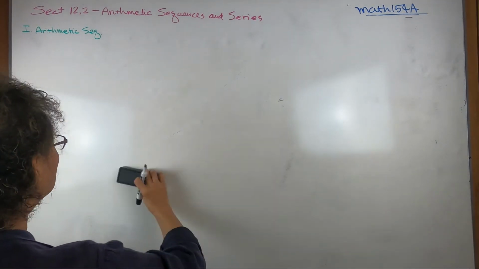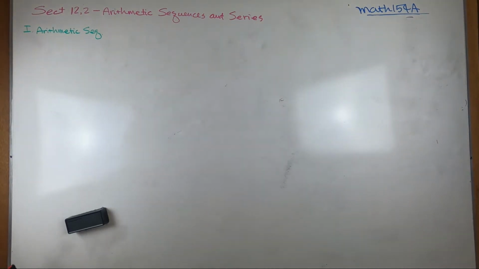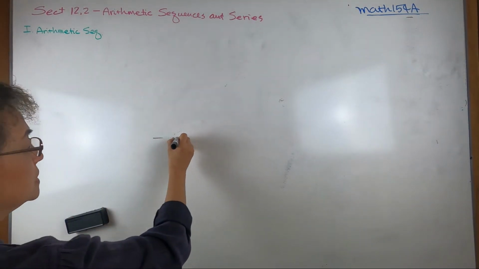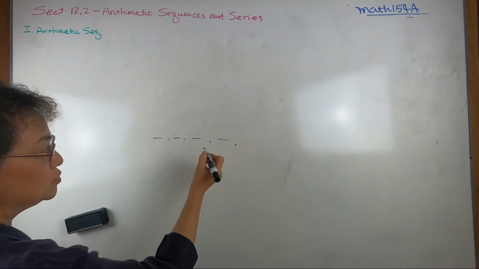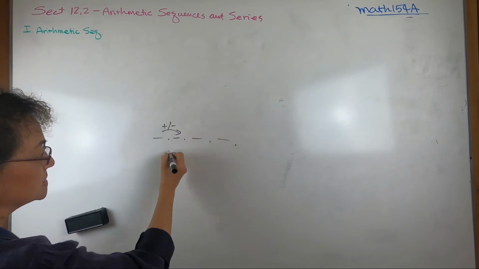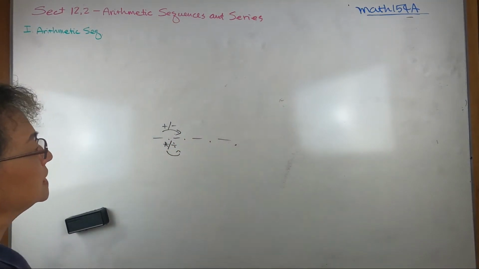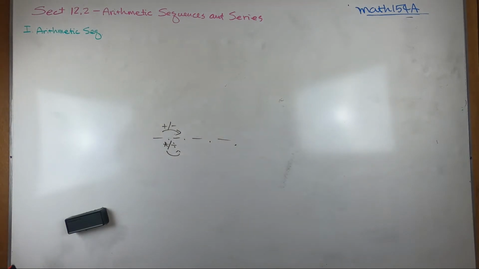Then today we are going to talk about arithmetic sequences. What are they? We were talking about sequences following certain patterns. We do the basic one by what? Adding, subtracting to get the next number, or by multiplying and dividing to get the next number, right?